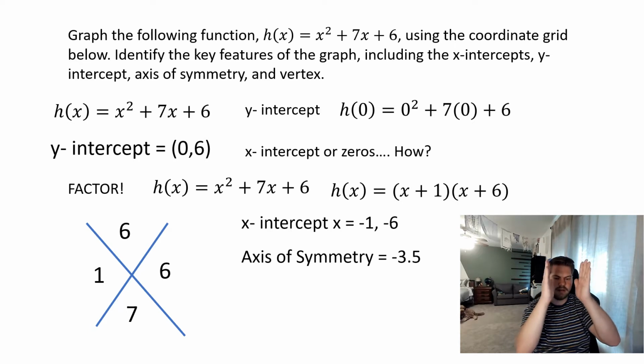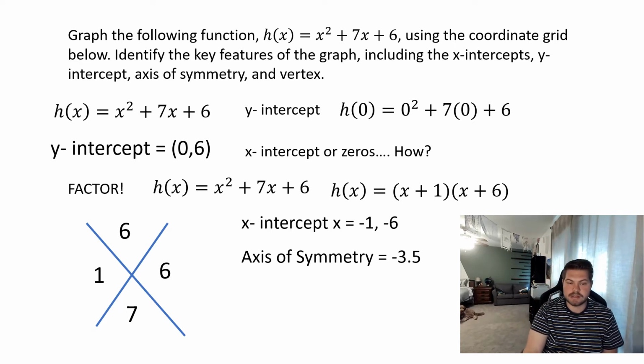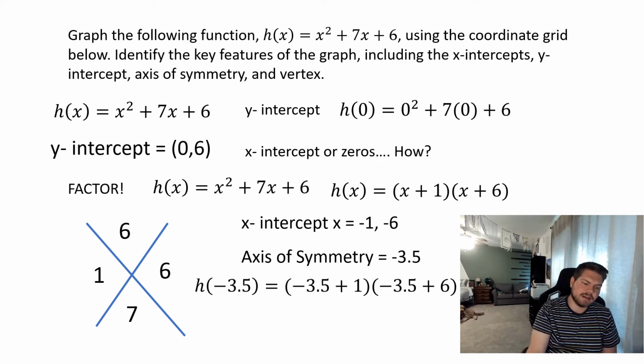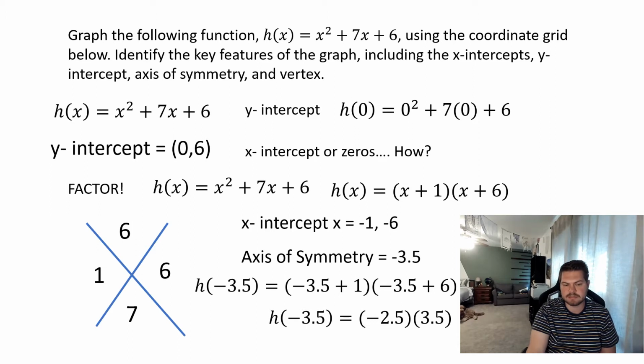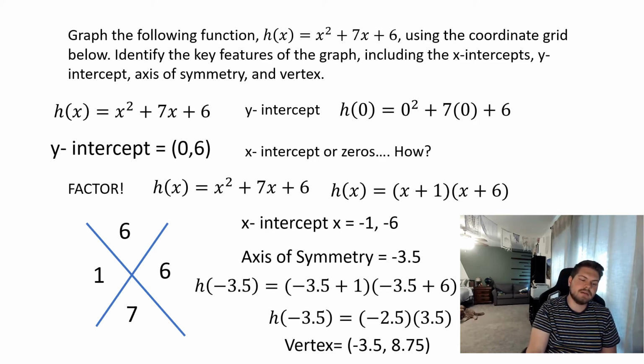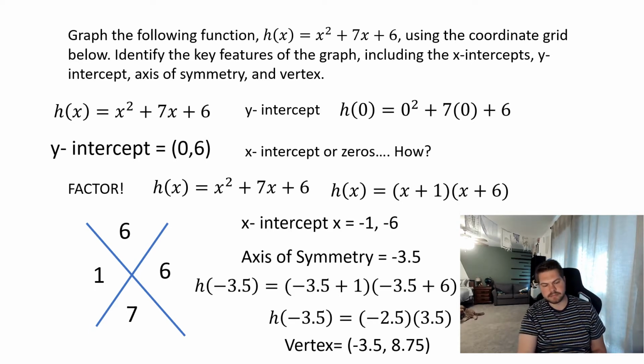Okay, so not a fun number to plug in, but we're going to plug that in to find our vertex. And we get that our vertex is about -8.75.